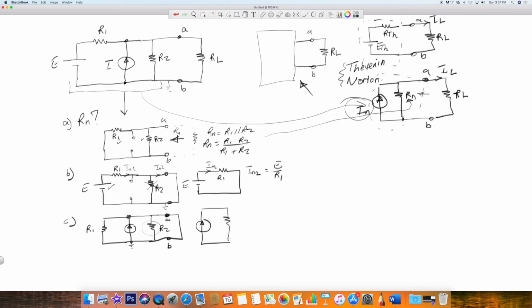This is R1. This is R2. And that's your short. This short here is shorting these two resistors. So the only current you really have through the short is whatever I you had here. So IN2 is going to be equal to I at this stage.